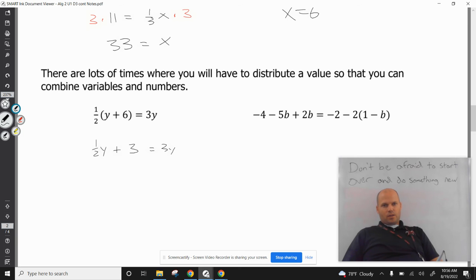Now, actually, let me give you some space there because I'm going to show you another way to do it. Over here, I'm going to multiply by 2 because it's the last thing that's happening over here. So I'm not going to break any rules if I multiply by 2.